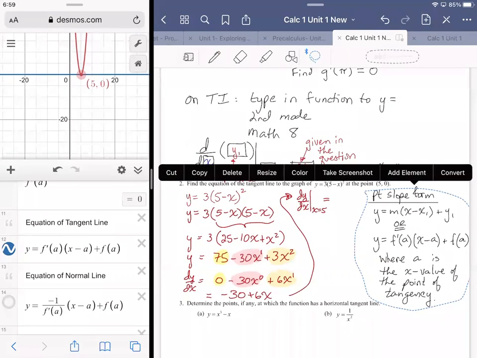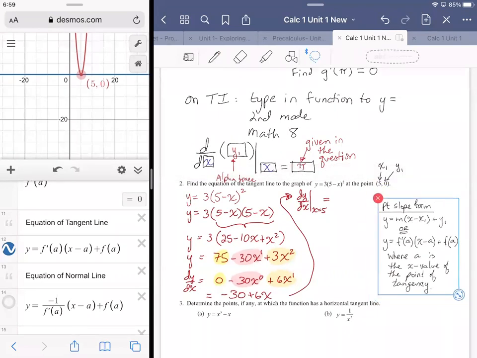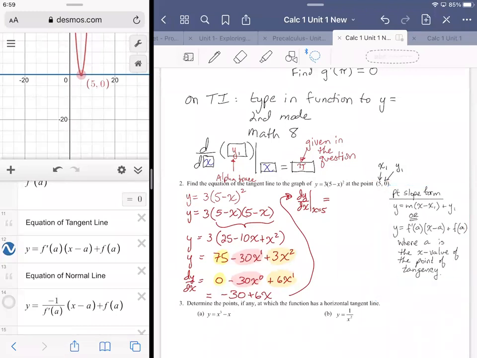But yeah, in the form of set type notation, it means given or such that. So dy dx such that x is equal to 5 would be negative 30 plus 6 times 5, which is equal to 0. All right, so that's my derivative. But more importantly, that's the slope of the tangent line at the point 5, 0.